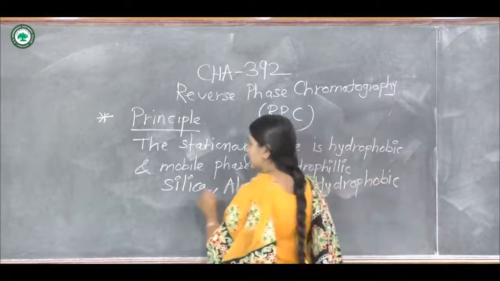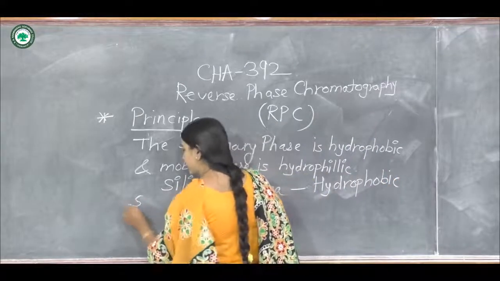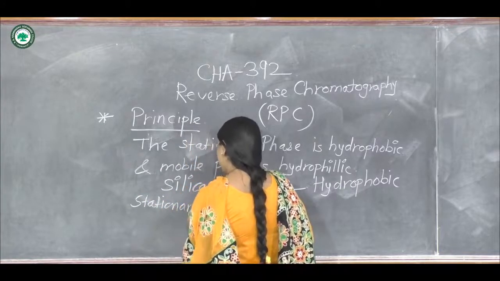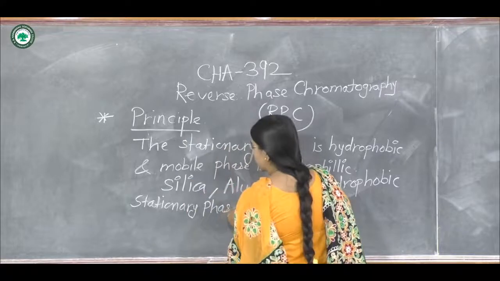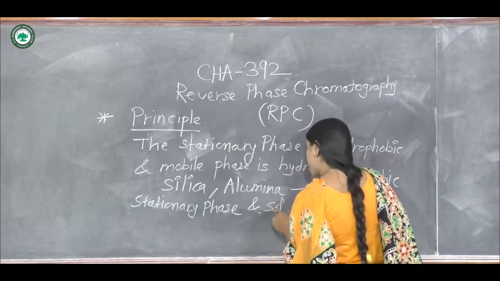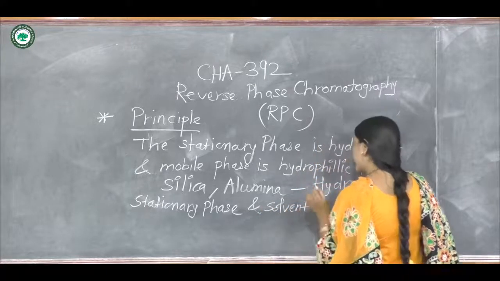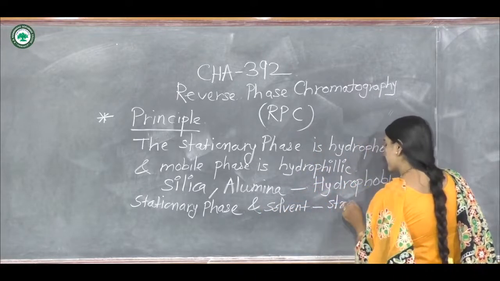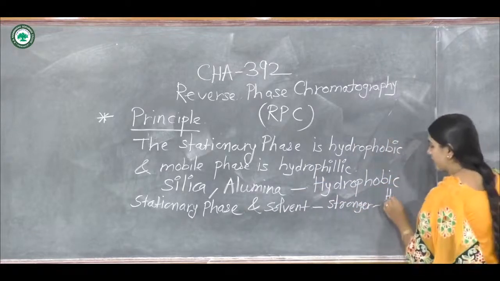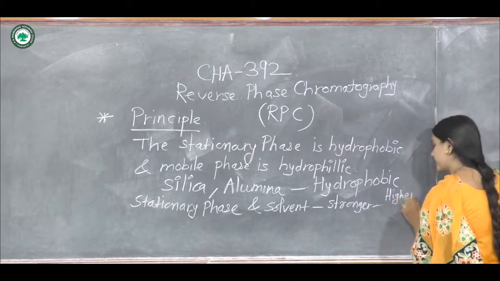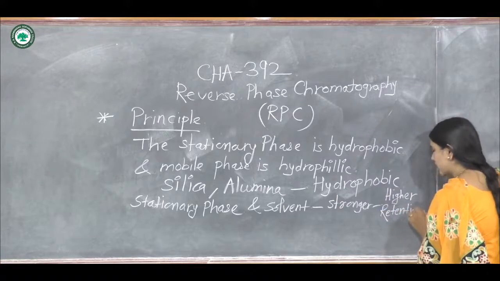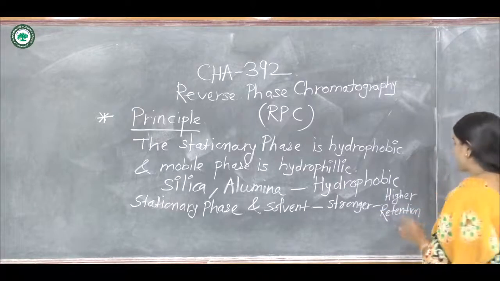It is that in case of RPC, if the interaction between the stationary phase and a solvent is stronger, then it has a higher retention time. Higher retention means slow rate of elution.